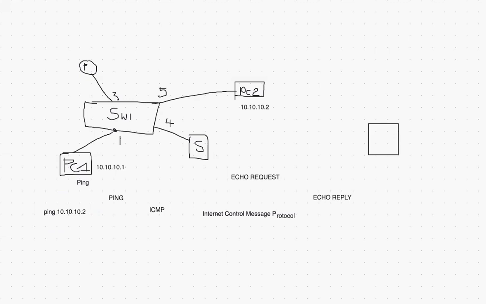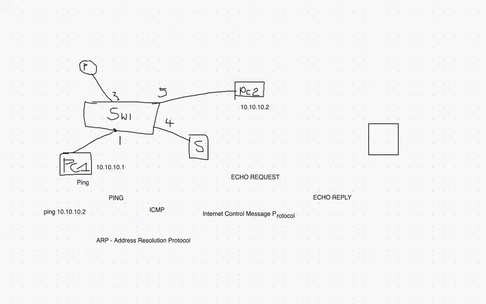It does not know where to route that packet, right? So PC1 will look into a table called the ARP table. What is ARP? ARP, Address Resolution Protocol.